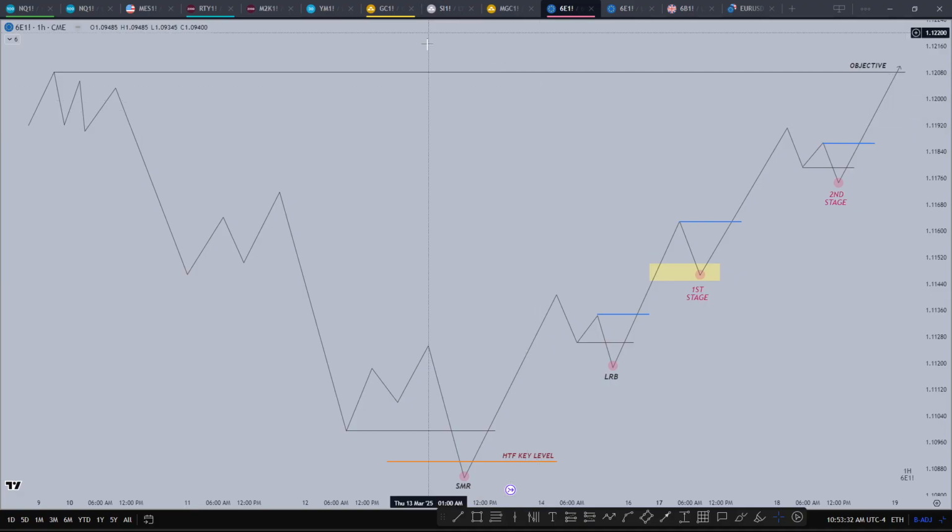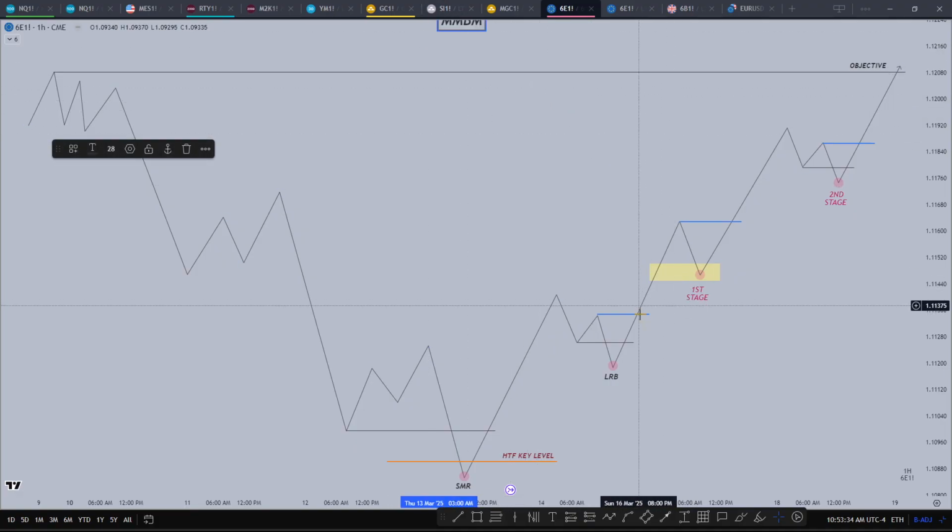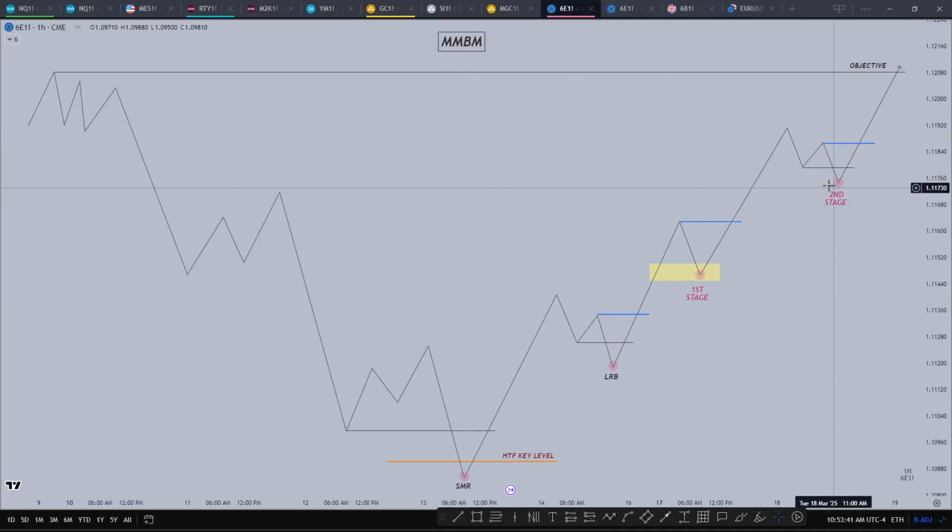I will tell you exactly how to frame entries, which leg to frame entries in, and how to use each and every leg. And even after the second stage has happened, how to frame entries after that, I will tell you that as well. I told you 80% of the things will be covered today; the rest 20%, if I teach you today, you won't be able to understand even these 80% things.